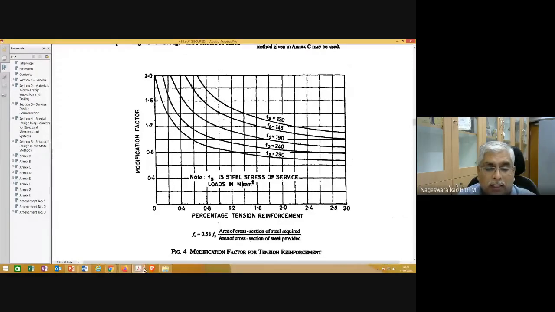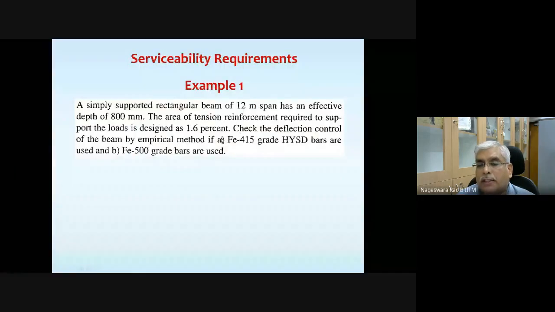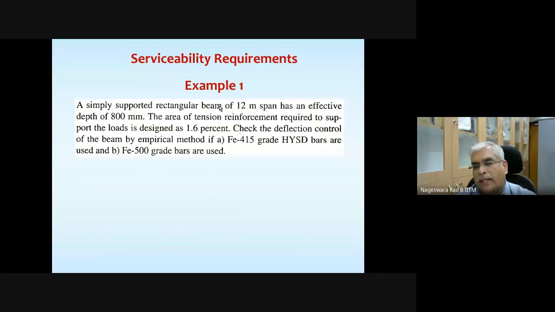And you can see now it is violating. The actual span to effective depth ratio is 15, and the vertical deflection limit as per the code is 12.5. So 15 is greater than 12.5, so we need to redesign the beam. Is it clear?